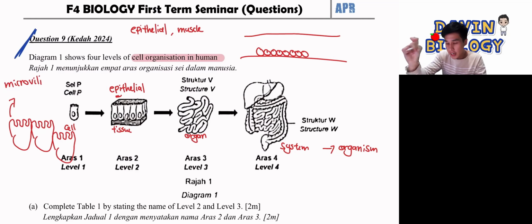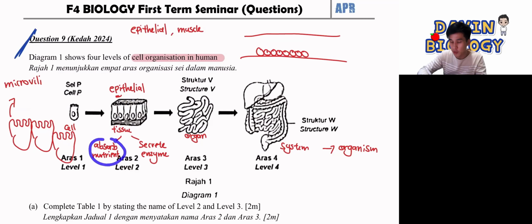The microvilli of this epithelial tissue help increase surface area to absorb nutrients. Later there will be one question asked about this. Also, other than absorbing nutrients, the epithelial tissue in your small intestine, just like we mentioned earlier, also helps to secrete enzymes. Remember, epithelial cells in the stomach and intestine can also produce enzymes to digest food, and they can also absorb nutrients.